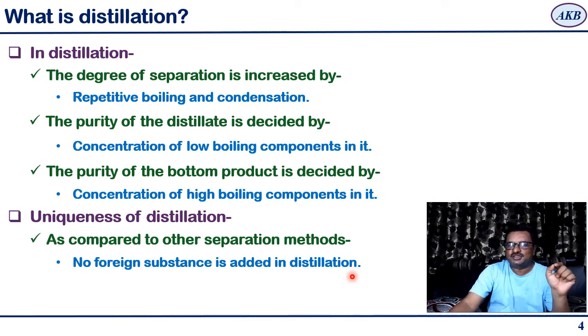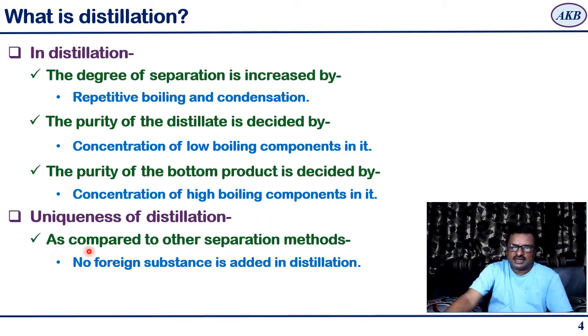The second phase that is involved is created from the first phase. How is it created? The first phase is the liquid phase, the original liquid feed solution. You heat it so that it boils, and boiling results in the formation of a vapor phase. The second phase, the vapor phase, is created from the first one. This is the uniqueness of distillation.